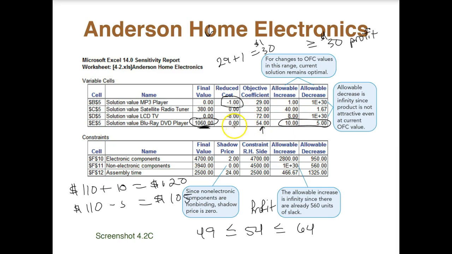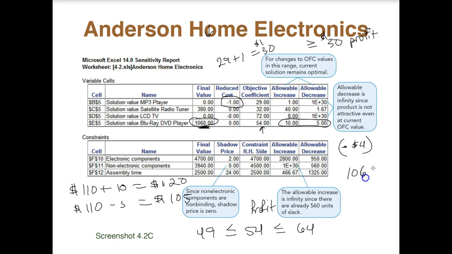And if we change that, then we see that we'll be making $4 less per sale of each Blu-ray DVD player. Okay, so because of that, we know that there's going to be a decrease in $4. Okay, and we also know that we're selling 1,060 of them.